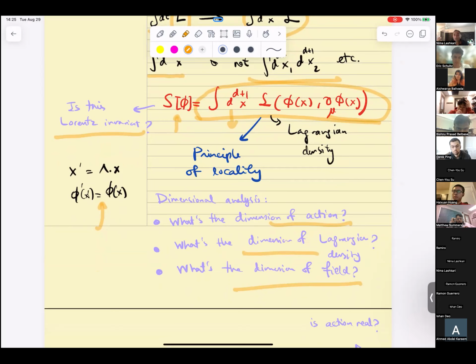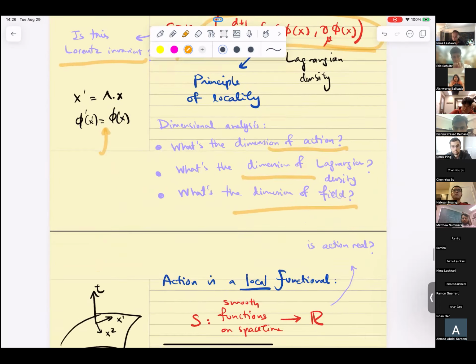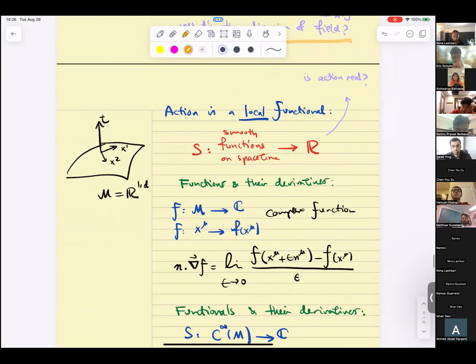Fields are also dimensionful things. As a physicist, you always want to be careful about the dimensions you're using, so the dimension of your field is going to be important. You can get a long way with just dimensional analysis. That's just a comment for you guys to keep in mind.